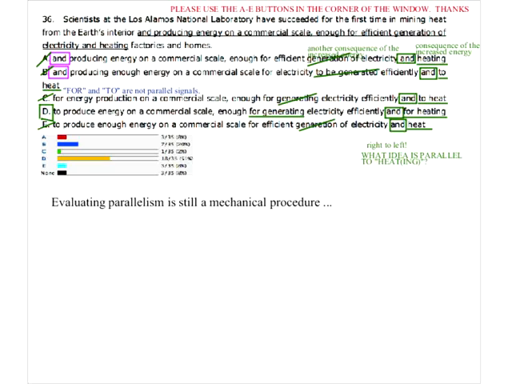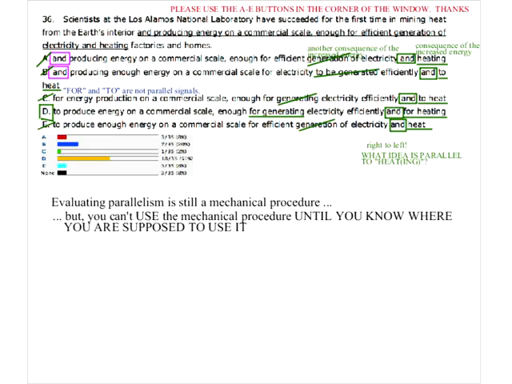But you can't use the mechanical procedure until you know where you are supposed to use it. And that's what meaning is all about, right? Because you just have no idea where you're supposed to use this thing.